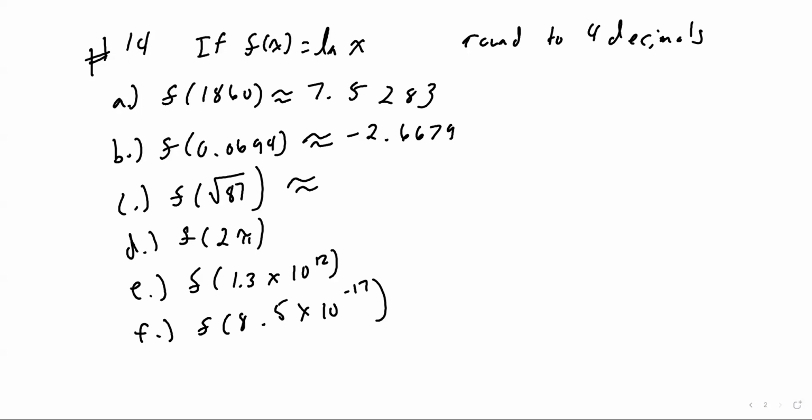So hit natural log, and then second x squared to make the square root appear. 87, close parentheses. There you go.